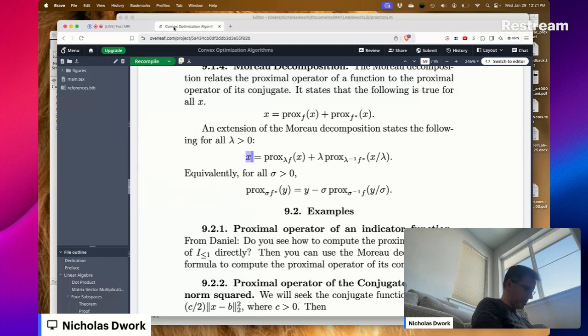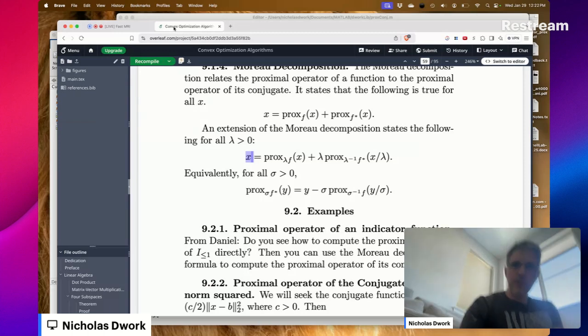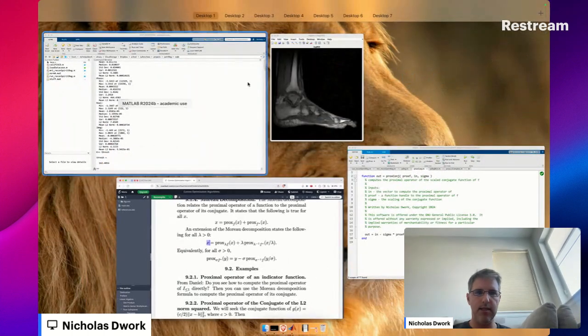So prox sigma f star of y is equal to y minus sigma prox sigma inverse f of y over sigma. Oh, wait. And so is that what we have or not?